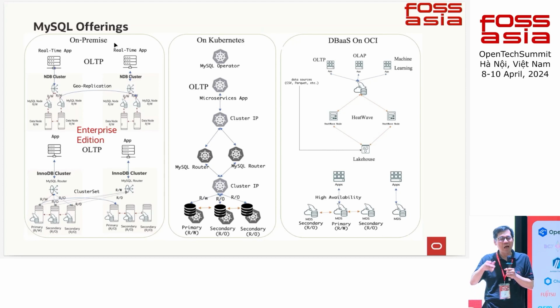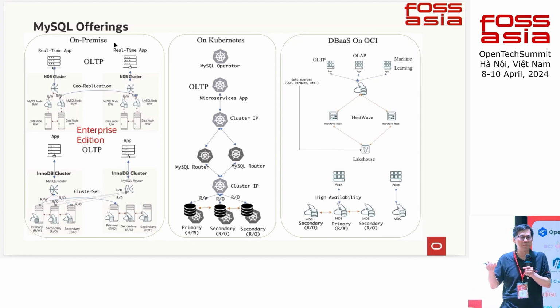On top of the database itself, we also offer quite a lot of high availability features, which let us replicate data between different MySQL servers. Not only with typical asynchronous replication, but we can also support near real-time replication between databases.